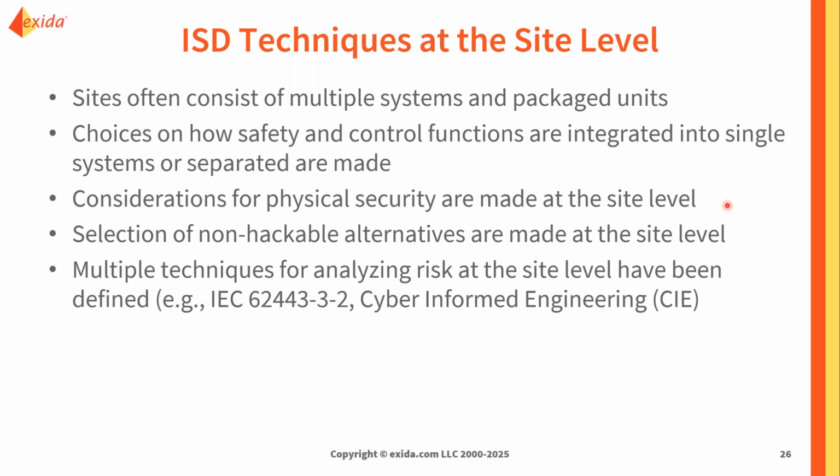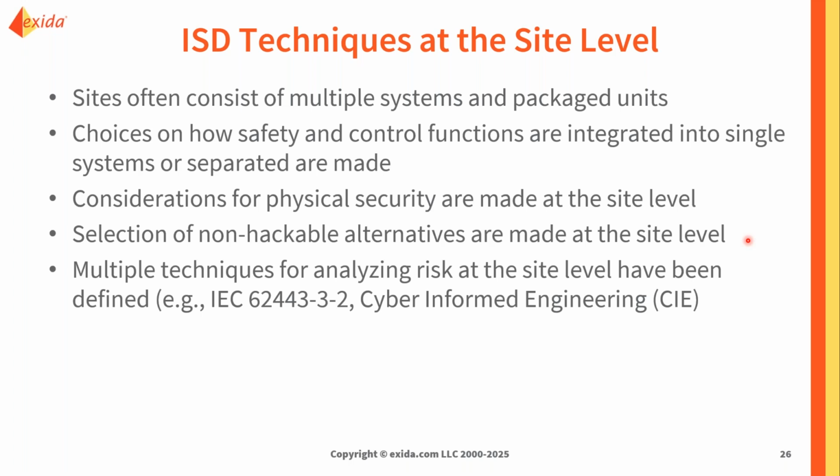We can also have better control over physical security and access control, better control over our HR processes and how we manage personnel security. We can make decisions about non-hackable alternatives. So are we going to use a safety instrumented function for protection? Are we going to use a mechanical pressure relief valve?